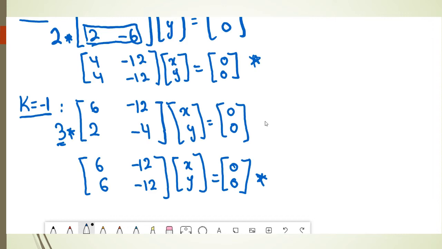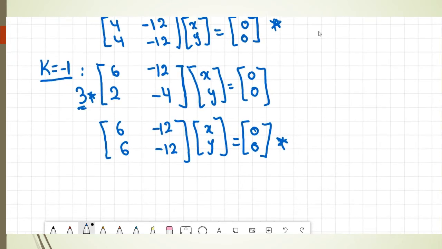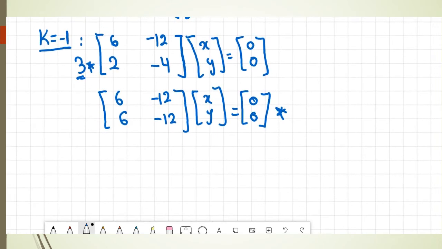What if we take another value of k? Okay, let's take, for example, k equal to 0.